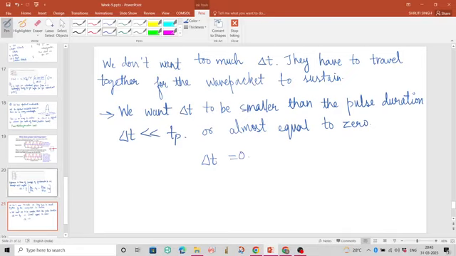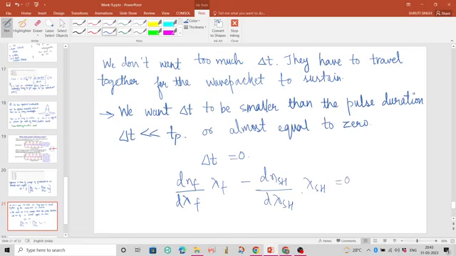From this expression, if delta t is equal to 0, we will have dnf by d lambda f into lambda f minus dnsh by d lambda sh into lambda sh equal to 0.